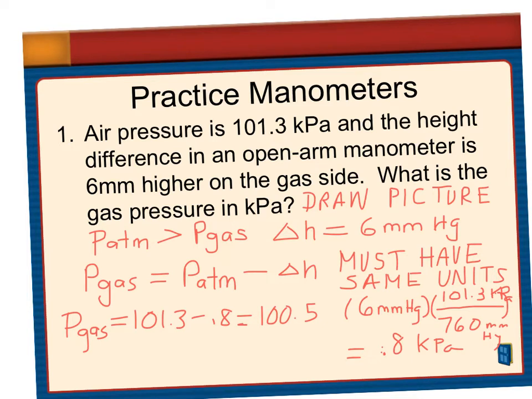From that we get a value of 0.8 kilopascals, and then we subtract the value 0.8 from the atmospheric pressure to get the pressure of the gas, which then becomes 101.3 minus 0.8, or 100.5 kilopascals.